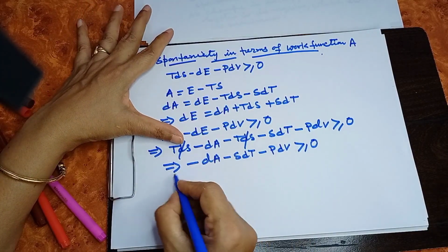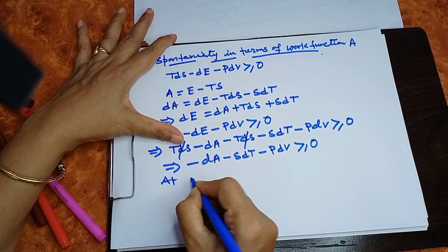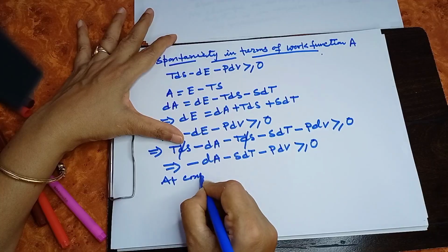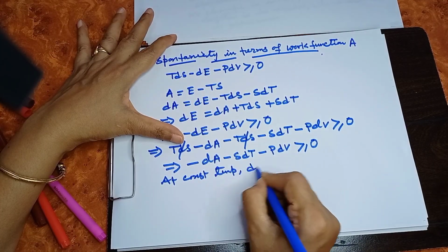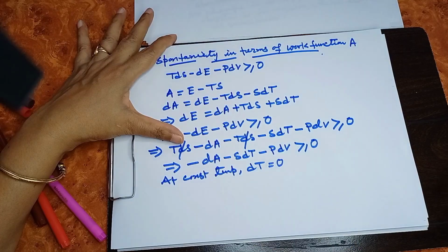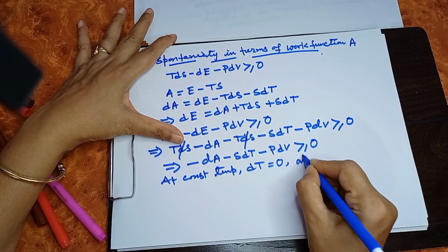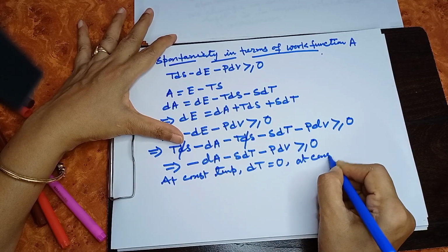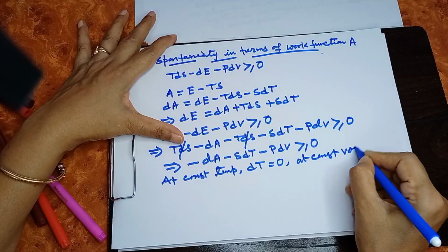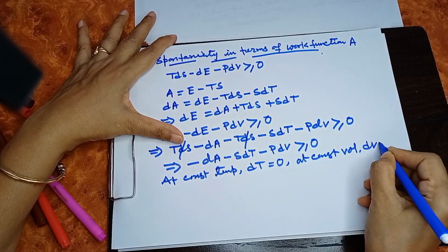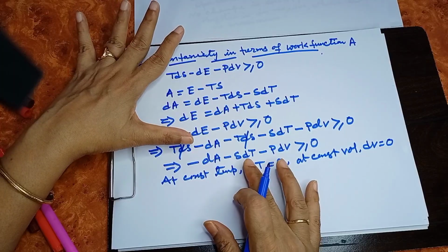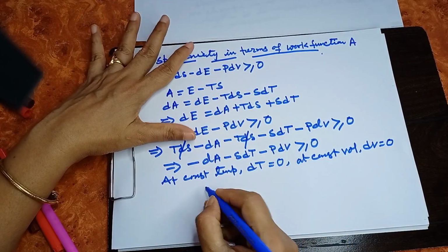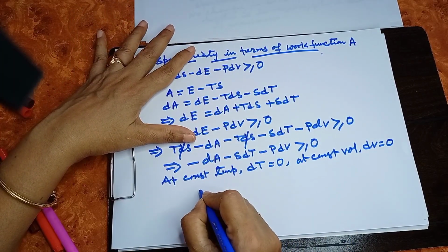So at constant temperature, dT is equal to 0. Then at constant volume, dV is equal to 0. So under this condition, at constant temperature and constant volume, what can we write?